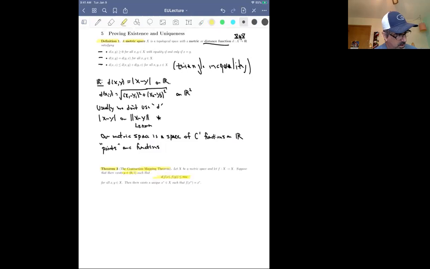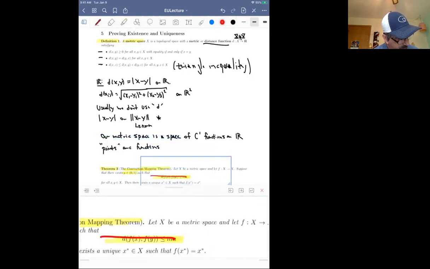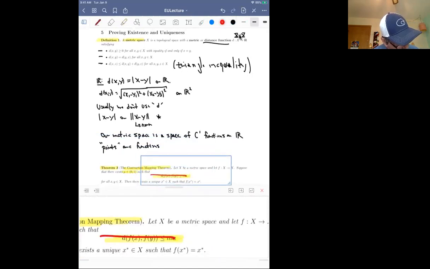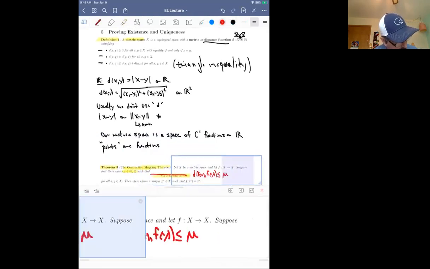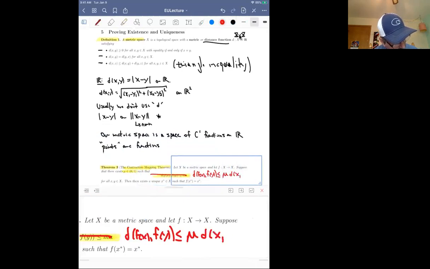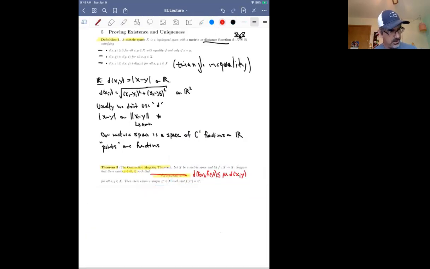Let's get rid of this and fix it to: the distance between f of x and f of y is less than or equal to mu times the distance between x and y. So that is the correct statement for that hypothesis.